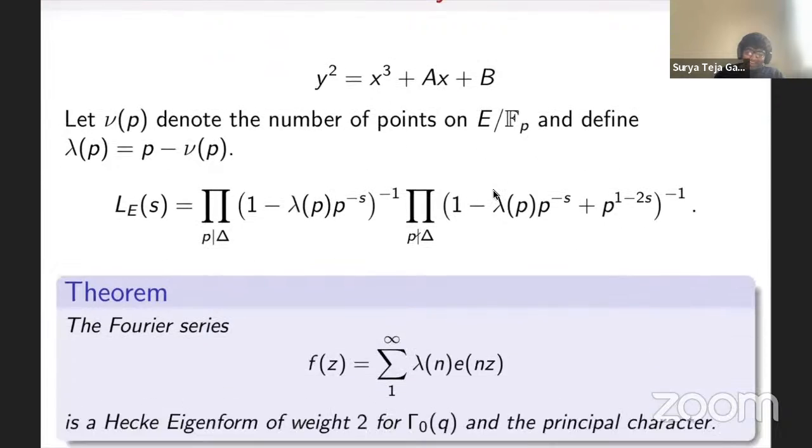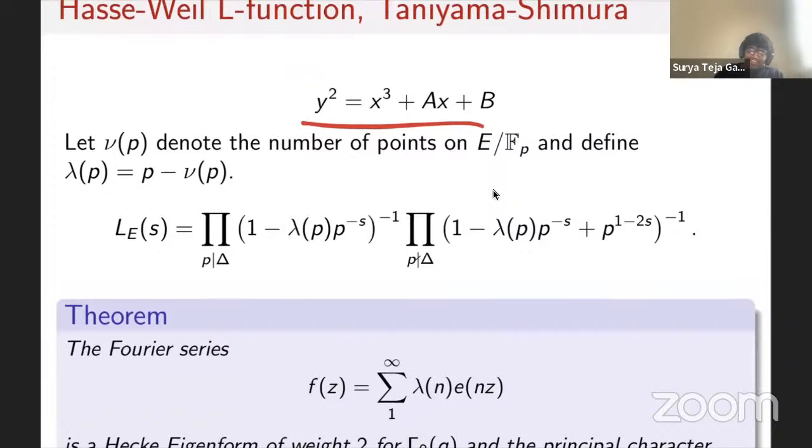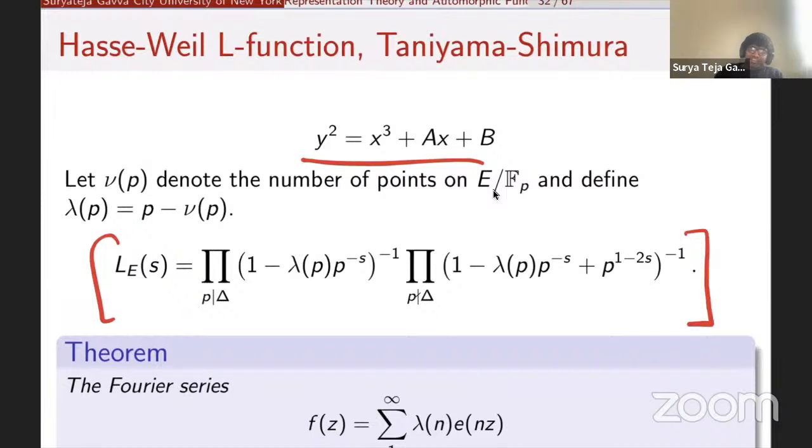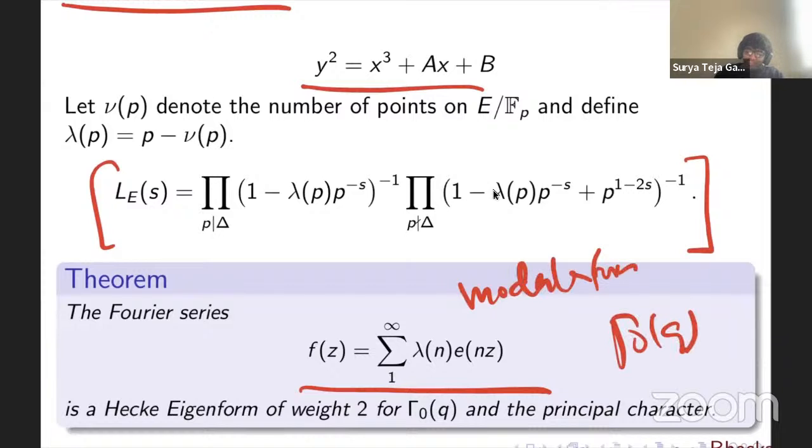So for instance, Fermat's last theorem is proved by showing that a certain series attached to an elliptic curve, called the Hasse-Weil L function, in fact comes from a modular form on this gamma q, in fact a weight 2 modular form.